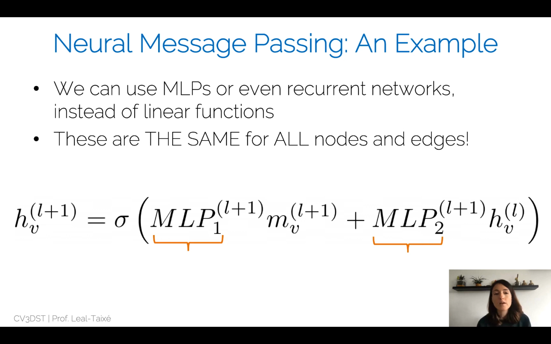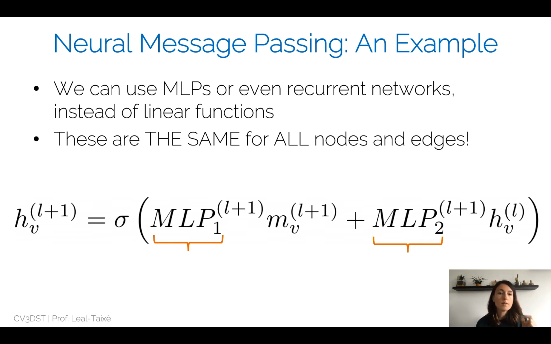And again, the important thing to note is that, for example, if we use an MLP, like in this case, MLP1 is going to act on all the messages of all the nodes in the graph. So this is going to be an operation that is applied for all nodes. So it's going to have a huge amount of shared weights. And the same happens for MLP2.